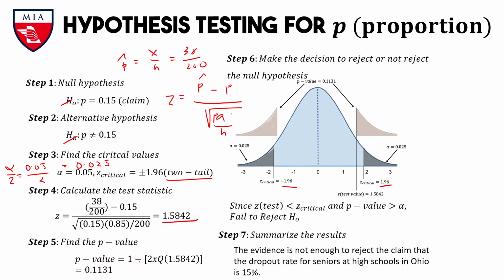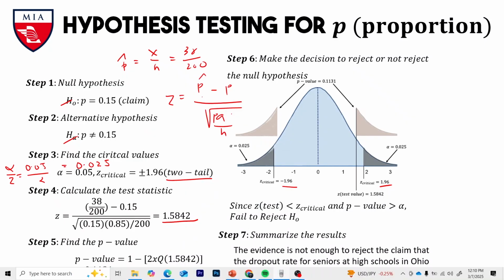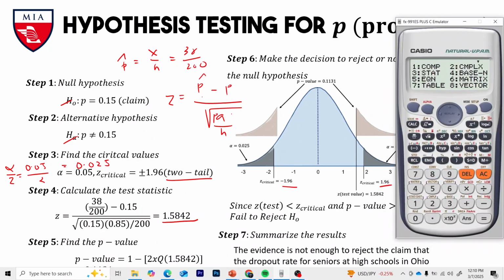So like I said last time, we will use the calculator here. So let me just show my calculator. Okay, so go to setup mode, stat number 3, AC, then shift number 1. So we have distribution number 2 for the Q. So what's the value? We have 1.5842. Okay, so we have the value for the Q. So shift store, let's store it to A. Okay, so it is now stored to A. So let's continue.